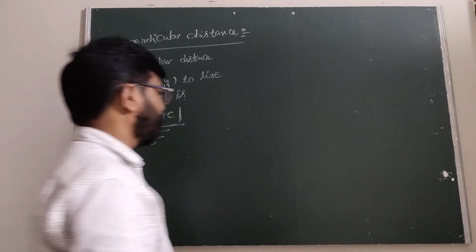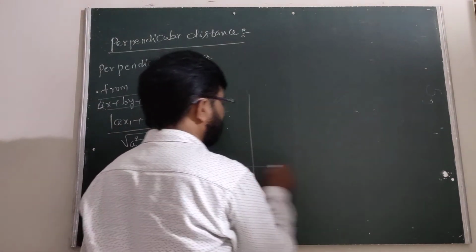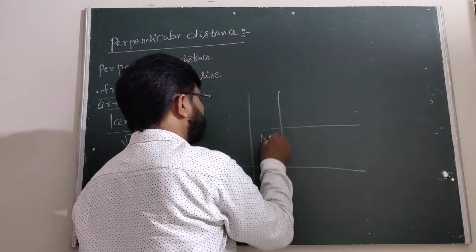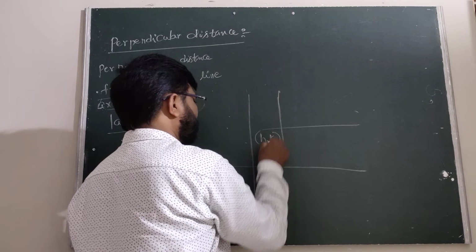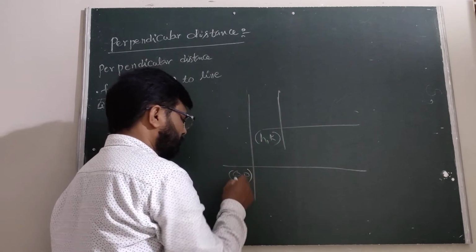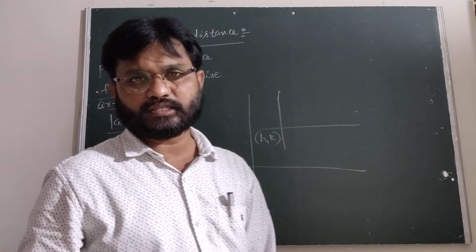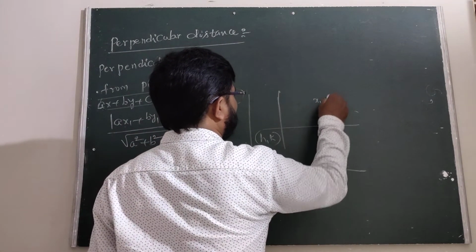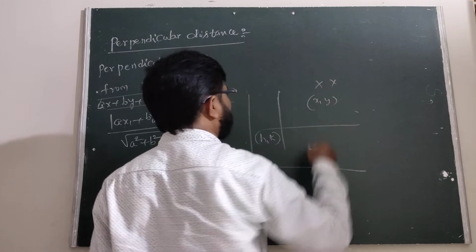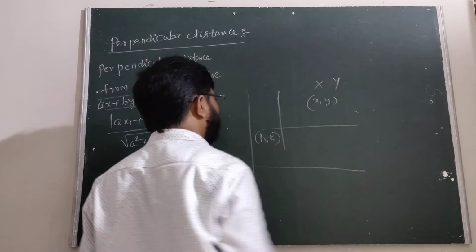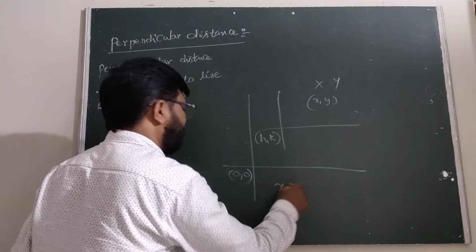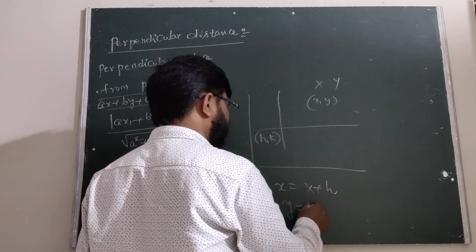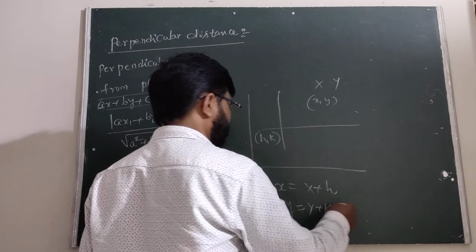When the origin is shifted to another point h comma k by the translation of axis, then the small x comma y can be transformed into big X comma big Y. That's why we write small x equal to capital X plus h and small y is capital Y plus k.